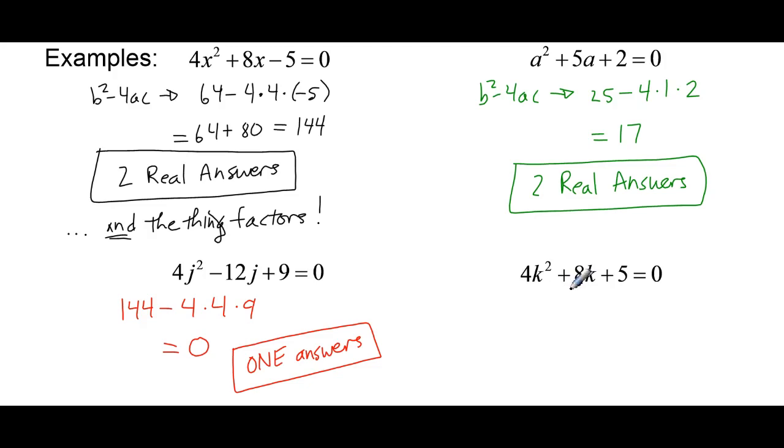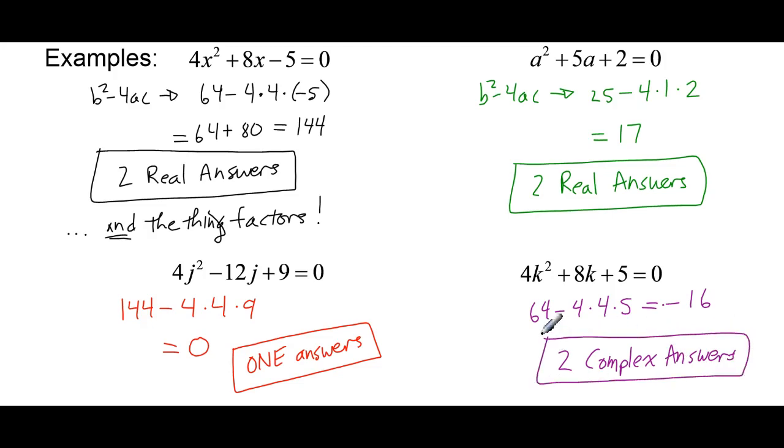This one over here, b squared minus 4ac comes out negative 16, and because of the negative, that means we're going to have 2 complex solutions. So this part of the homework is pretty straightforward stuff. You do a little computation, and then you click one of 3 possible answers. You'll probably, once you understand the arithmetic side of it, move through it pretty quick.